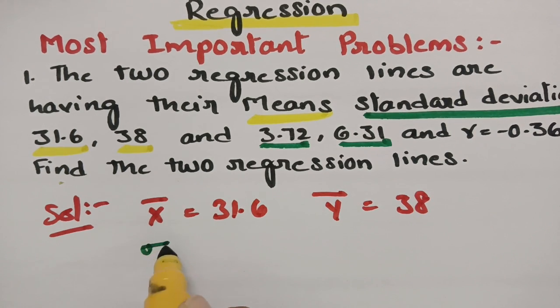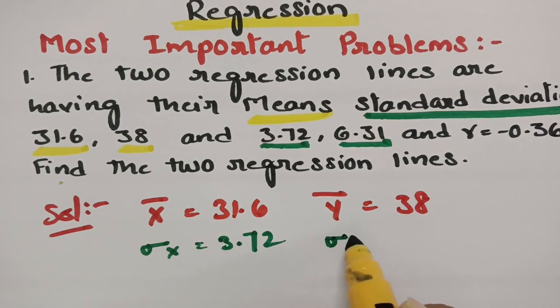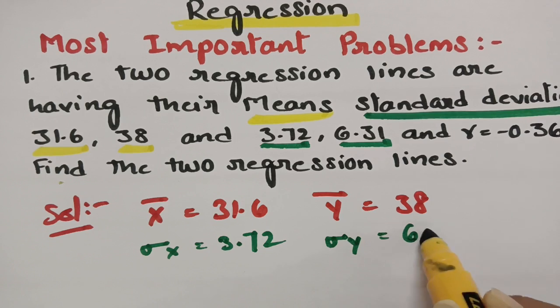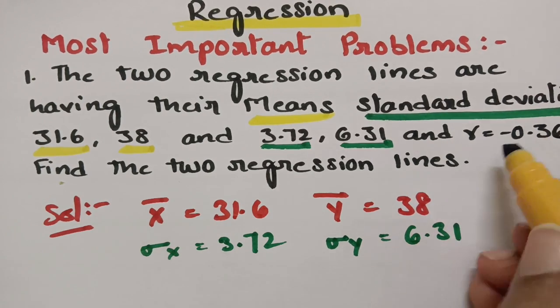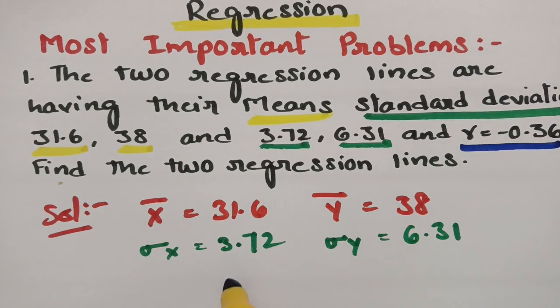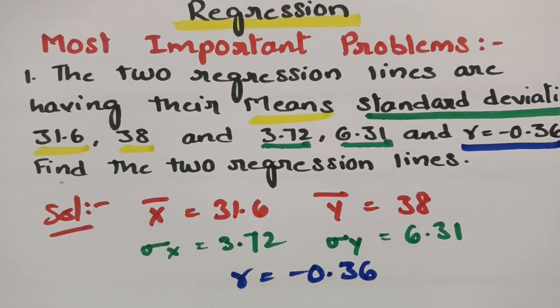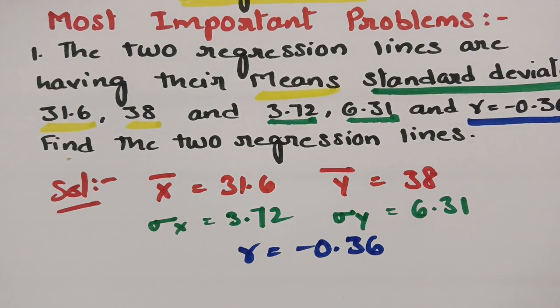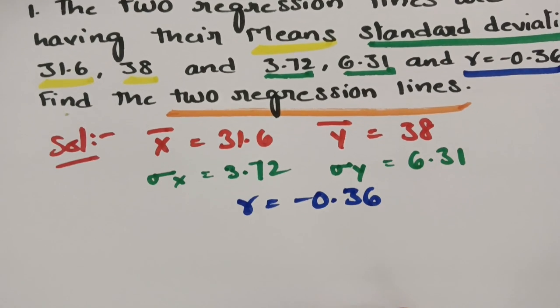The standard deviation for x is 3.72, and the standard deviation for y is 6.31. The correlation coefficient r is given as minus 0.36. Now we have to find the two regression lines, that is, the regression line of x on y and y on x.